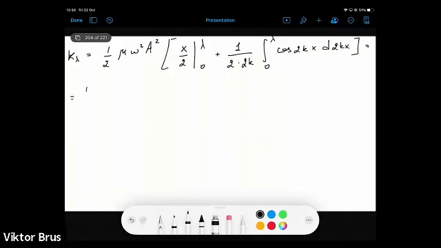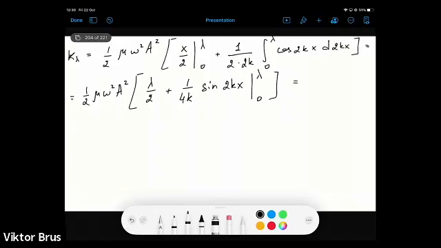Okay, now we can easily integrate this. So we will have 1/2 mu omega squared times a squared. Here, if we substitute these boundaries, it will be lambda divided by 2 for the first integral, then plus 1 over 4k times sine 2kx, from 0 to lambda.